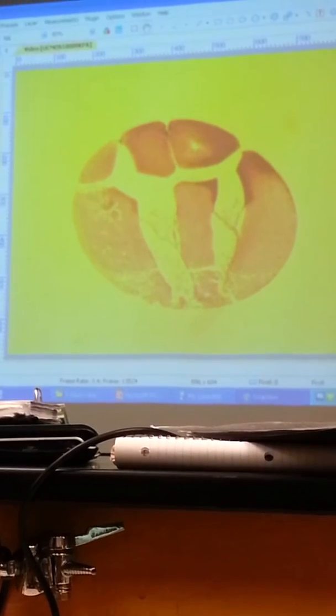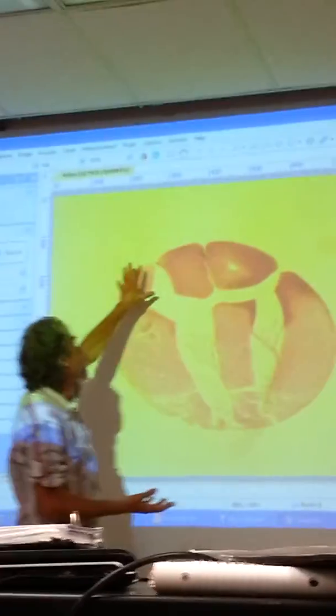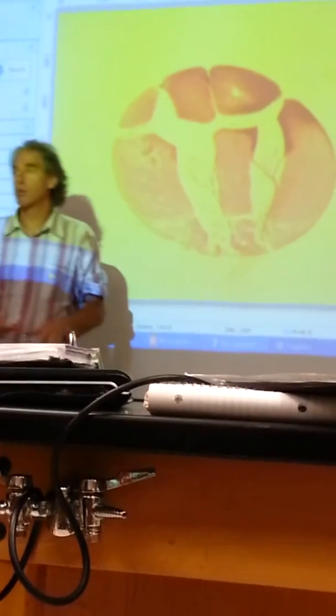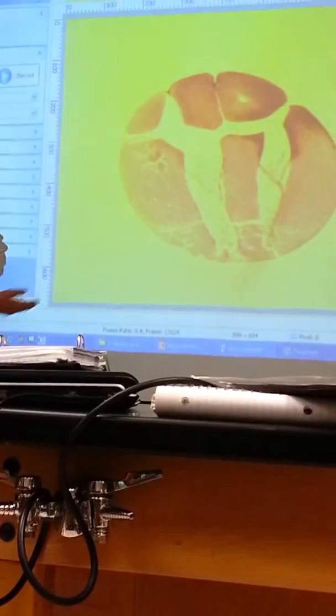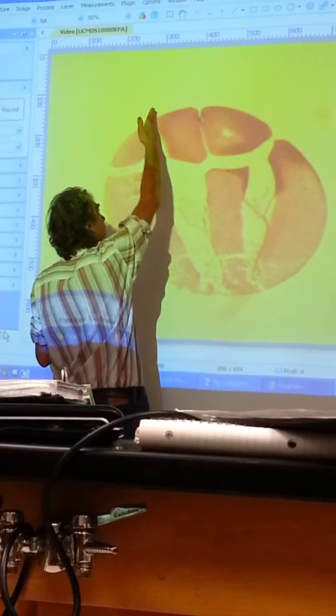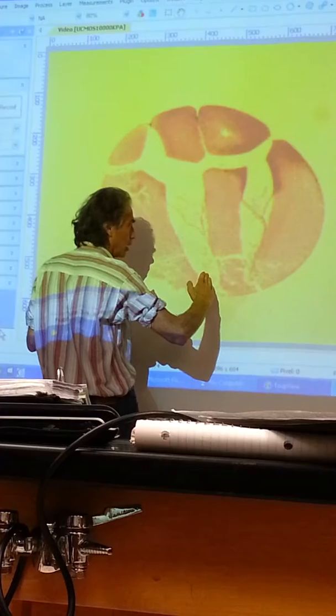But one thing that you can see on this is that here was the original egg, and you can see that there are smaller blastomeres here and large blastomeres here. What that's implying is that there was a plane of cytokinesis that went this way, and a plane of cytokinesis that went this way.